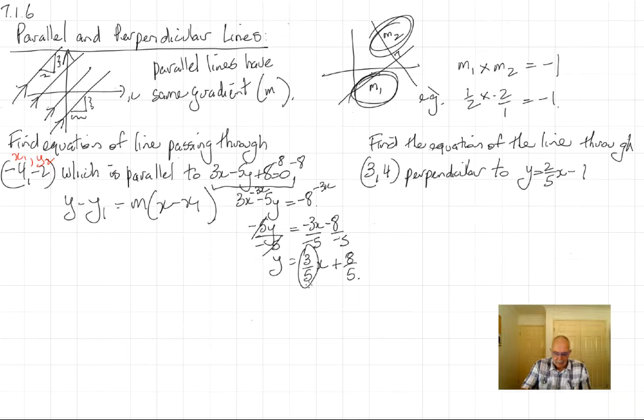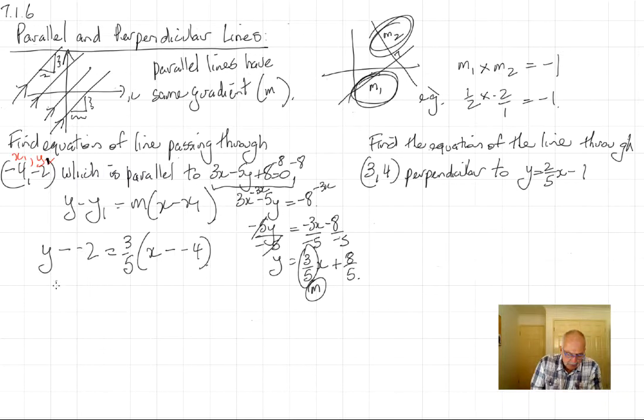So we've got our m value there, we've got our x1, y1, so away we go. So we go y minus y1. Why did I put 2 there? It should be x1, y1. So y minus y1 is -2, y minus -2 equals m, which is 3 on 5, outside of x minus -4.